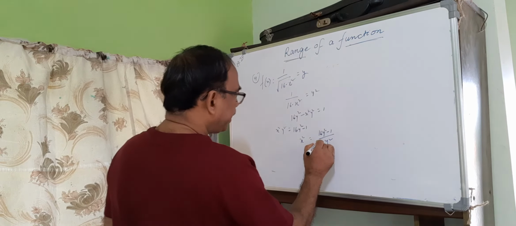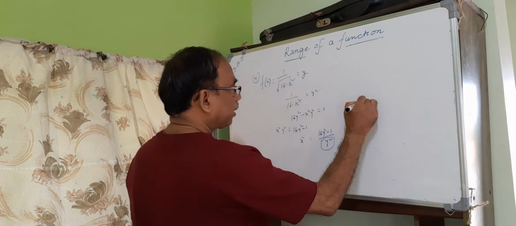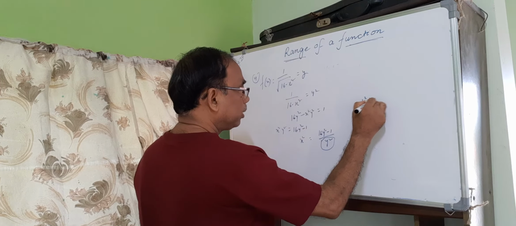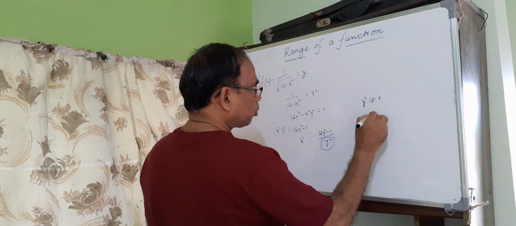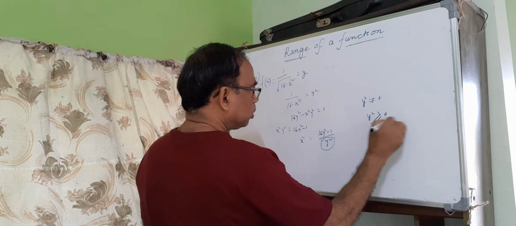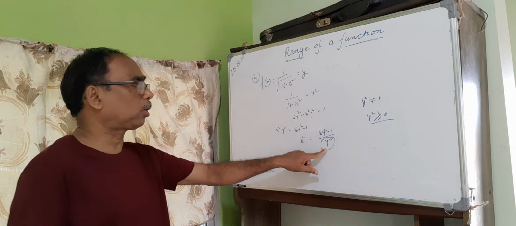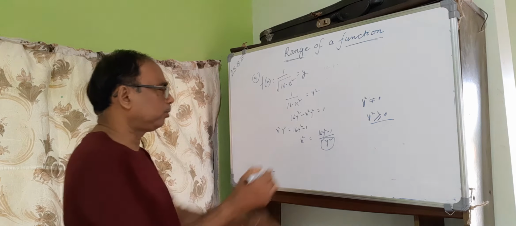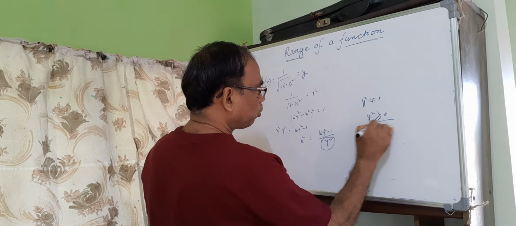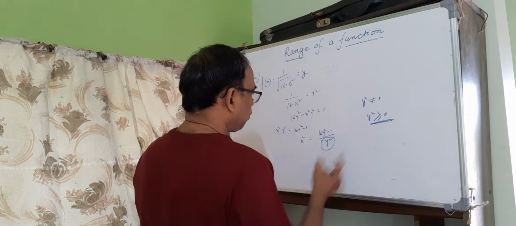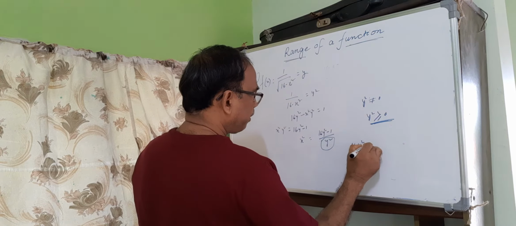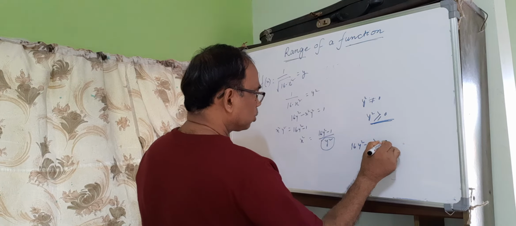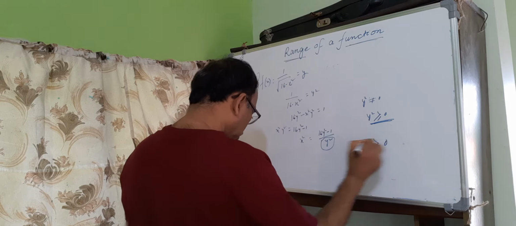Now focus on this denominator, y square should not be equal to 0. Then y square should be greater than 0, because any squared number is always positive, if y is a negative value, this should be positive. Therefore 16 y square minus 1 should be greater than or equal to 0.